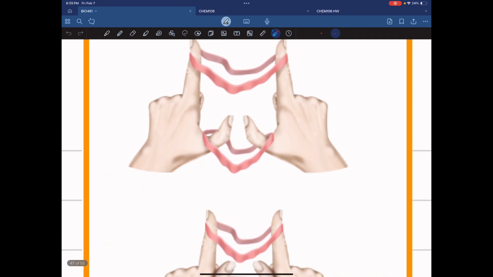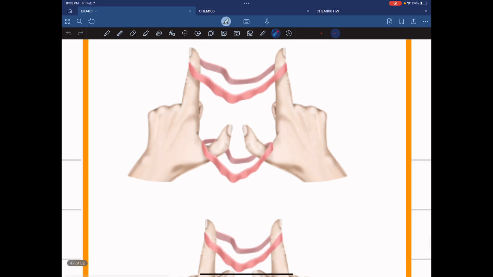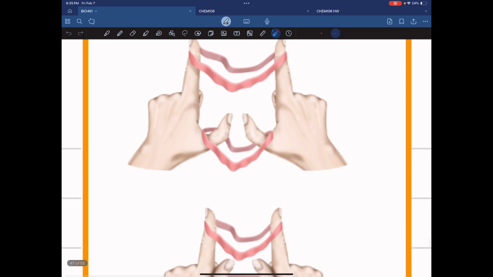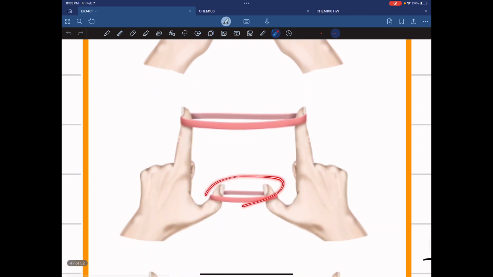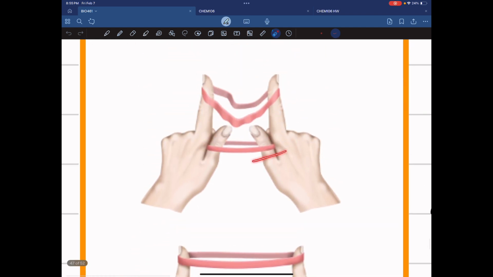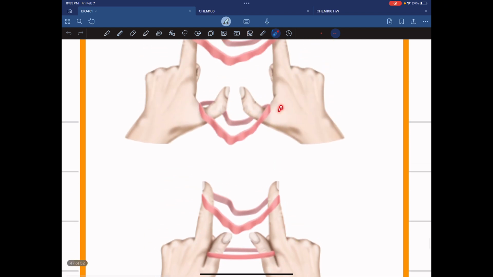Our spindles that we've talked about are going to only respond to stretch. That's why it's important to have our gamma motor neurons right here that are going to keep tension, so that we can respond to stretch when it happens, because if they were sagging and a force starts to push outwards either of those ways, it's going to take a long time to detect any stretch at all because it's sagging.